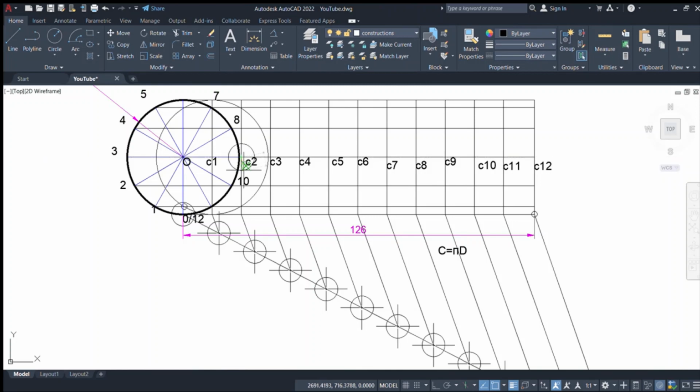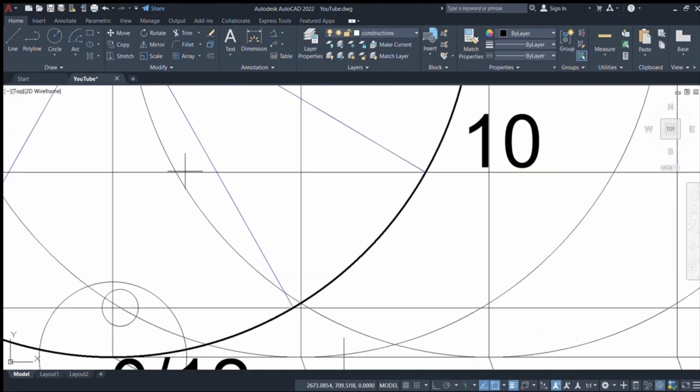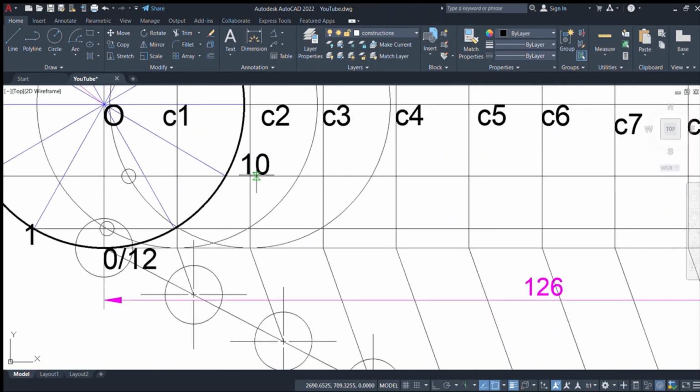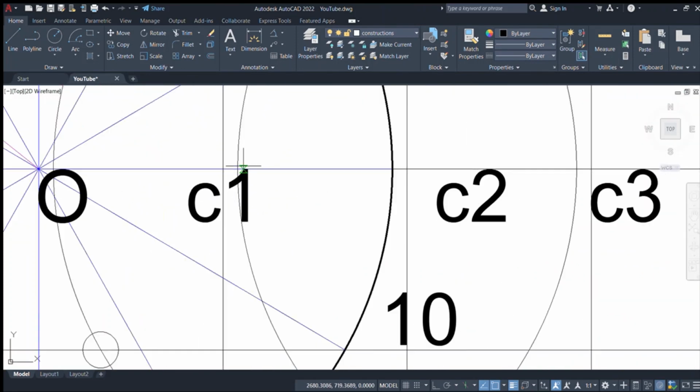So center 2, draw a circle. This circle intersects the line from point 2 at that point, so you mark it. Move to center 3. You do the same.